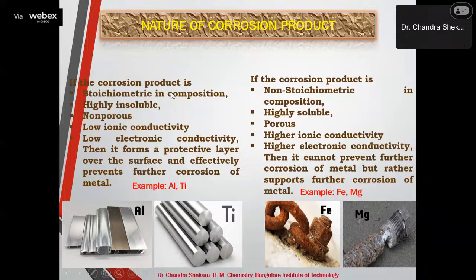And these stoichiometric oxides cover the surface of the metal completely. They form a non-porous, highly insoluble layer of the metal oxide over the surface of the metal. And such a metal oxide layer exhibits very low ionic conductivity, and also very low electronic conductivity.